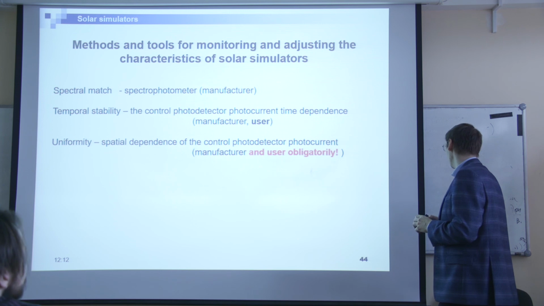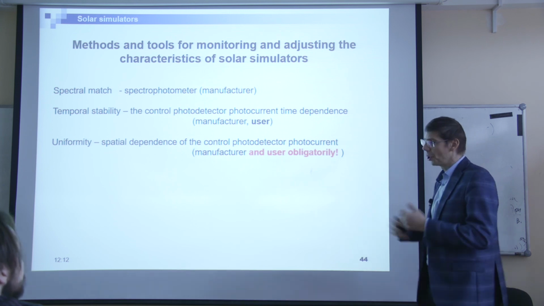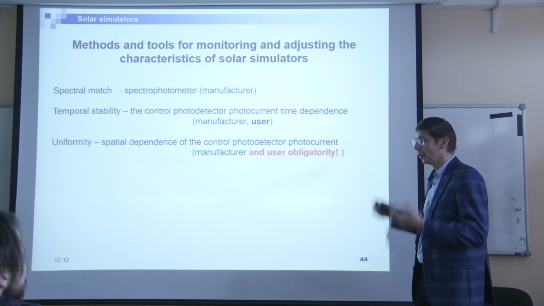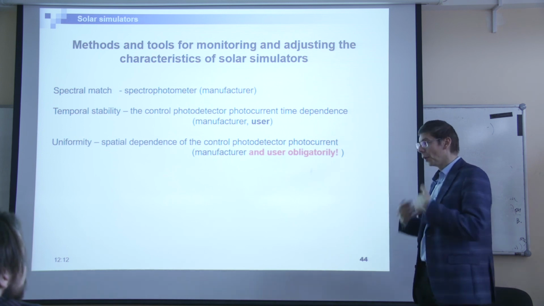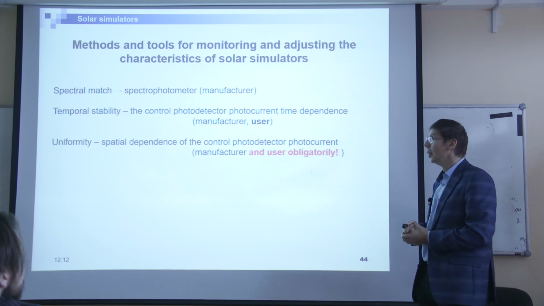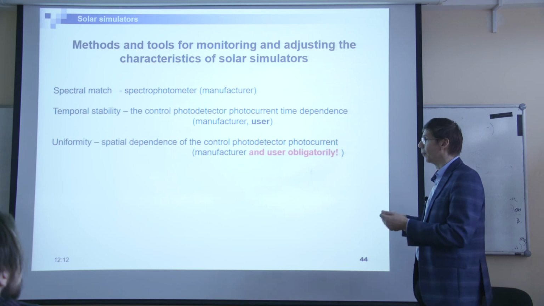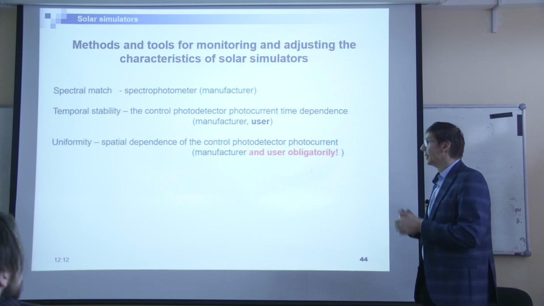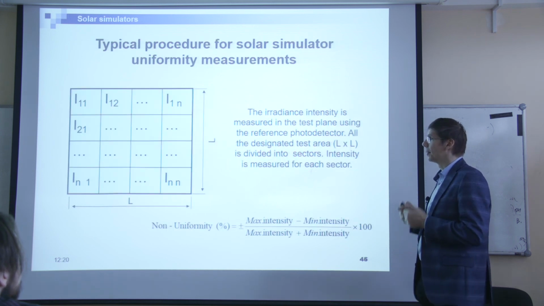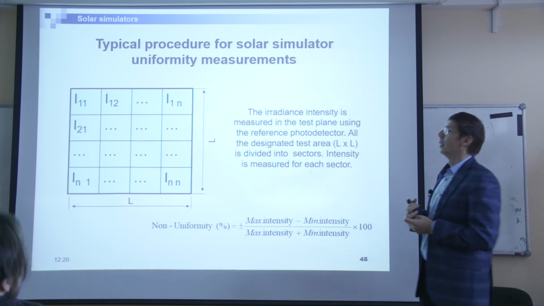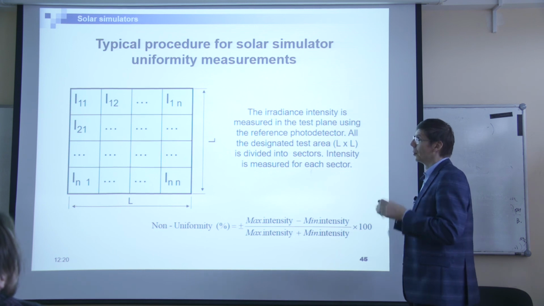If you change the lamp, or in any case if you have a new simulator, you have to check it and correct if necessary, because normally there is some kind of adjustment of the optical design to get the best uniformity, and there is a quite simple procedure to manage it.